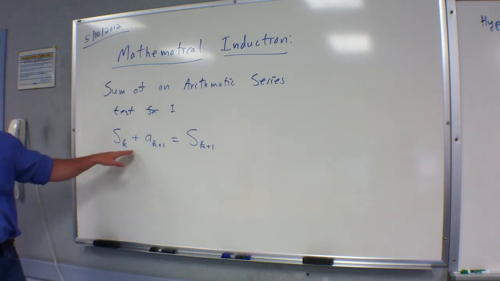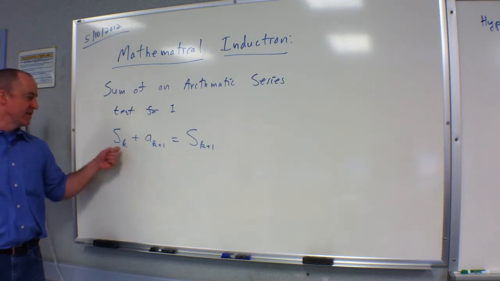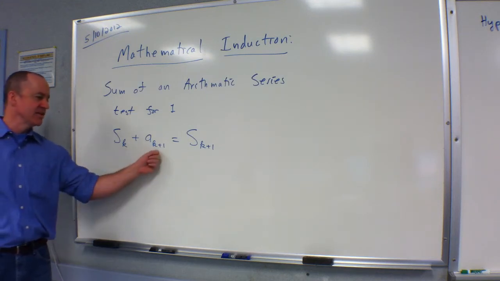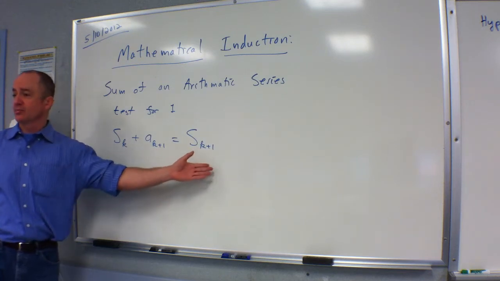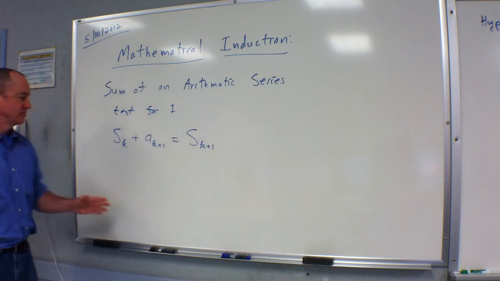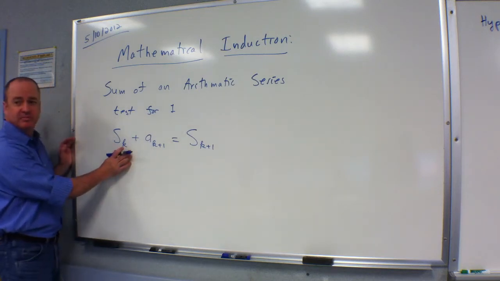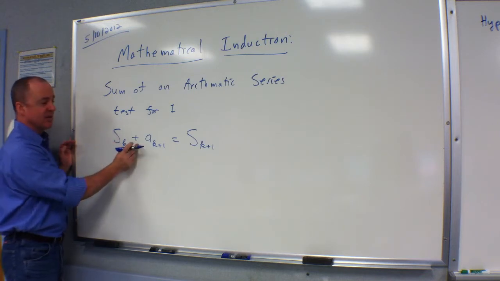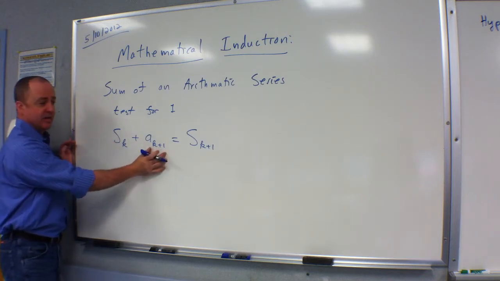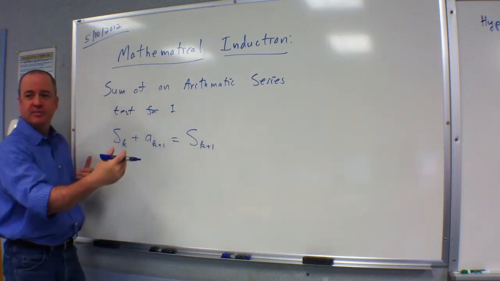Any questions on what this means, though? For any arithmetic series, the sum of the first 12 terms plus the 13th term should equal the sum of the first 13 terms. Wait, can you repeat that again? Sorry. The sum of the first, pick a number, Jen. 8. The sum of the first 8 terms plus the 9th term should equal the sum of the first 9 terms.